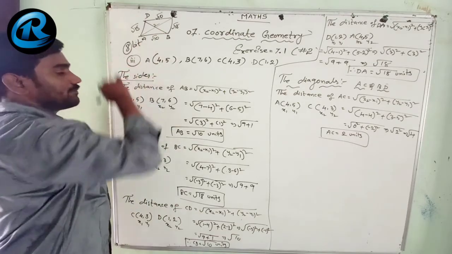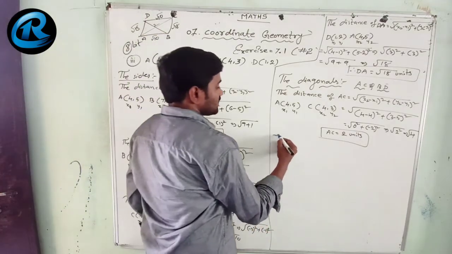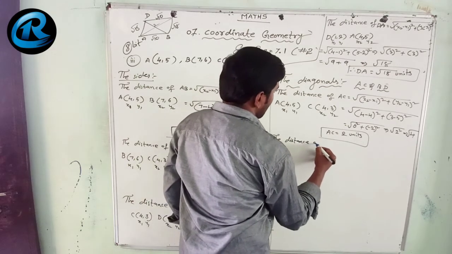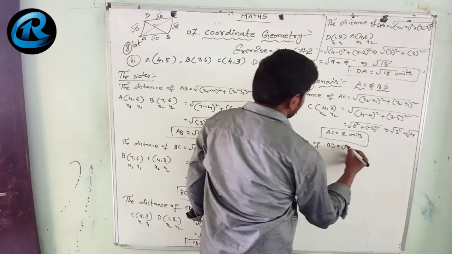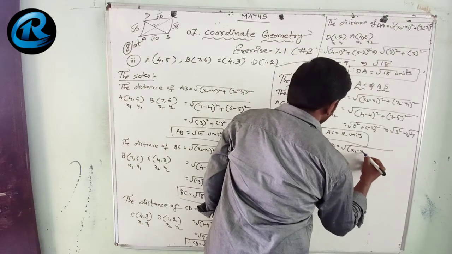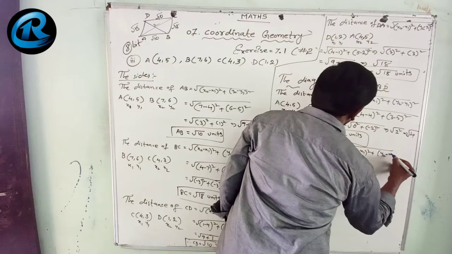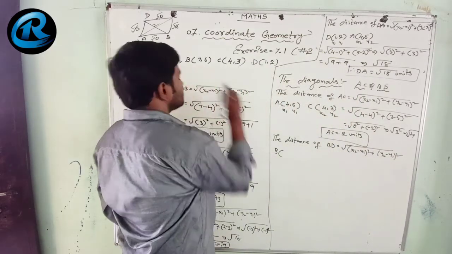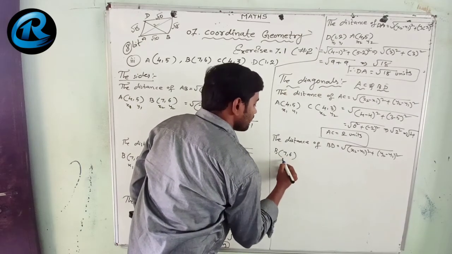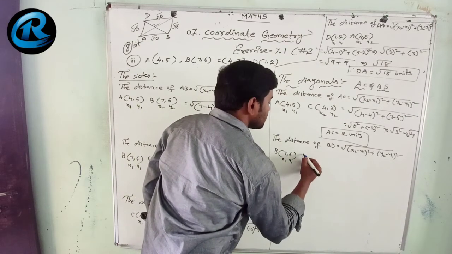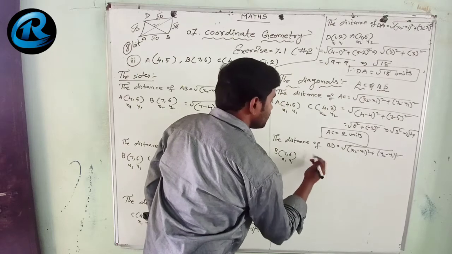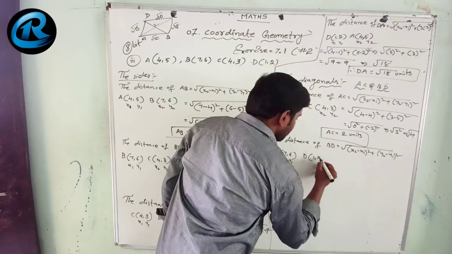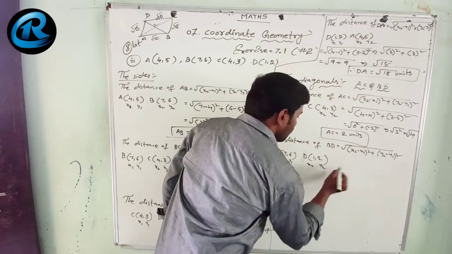And what about BD? The distance of BD equals under root of x2 minus x1 whole square plus y2 minus y1 whole square. Where B is 7, 6, that is x1, y1, and D is 1, 2, that is x2, y2.